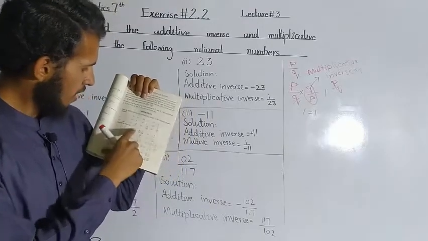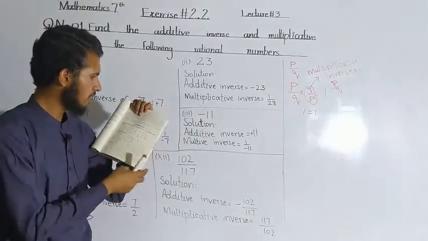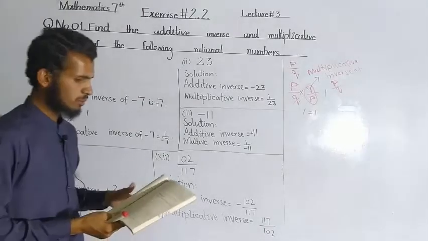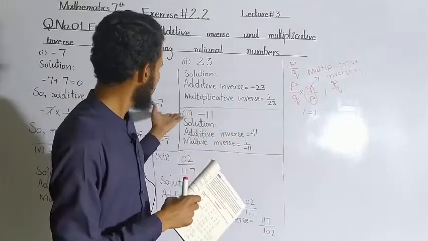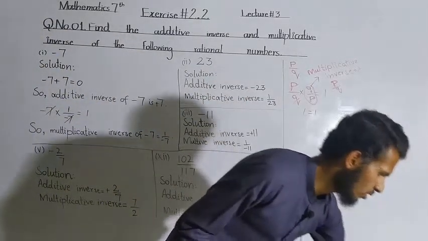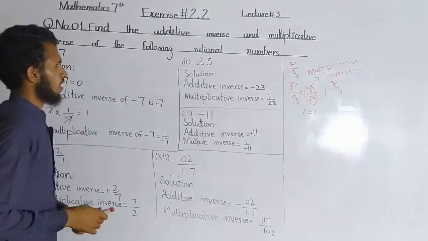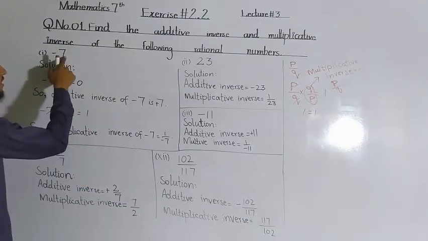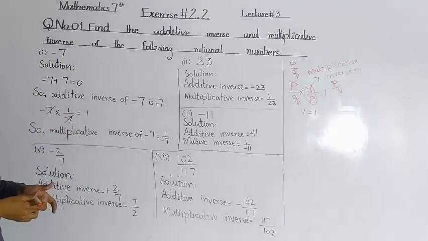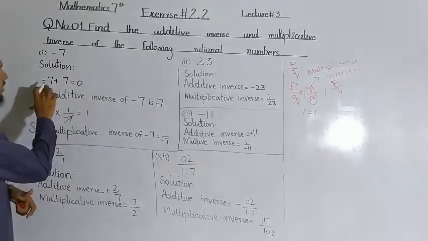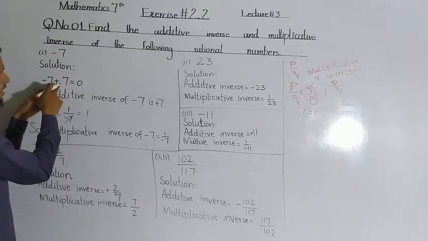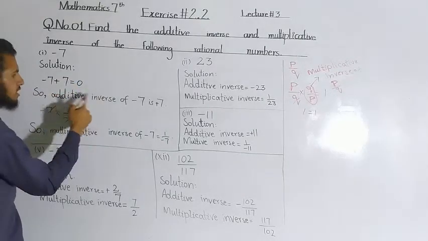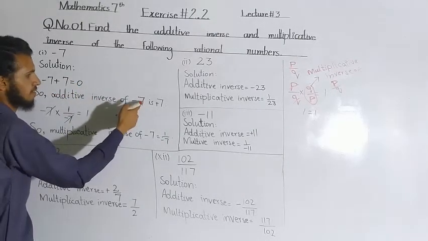In question number 1, the total parts are 12. From the 12 parts I solve 5 here; all the other parts are similar to these, so you have to solve them by yourself. The first question is minus 7. We have to find its additive inverse and multiplicative inverse. If you add plus 7 to minus 7, the answer will be 0. So the additive inverse of minus 7 is plus 7.